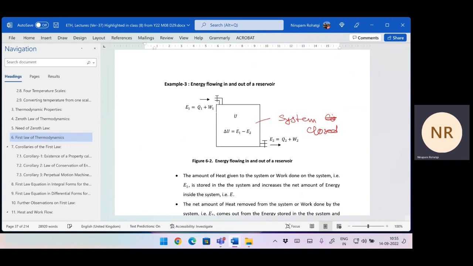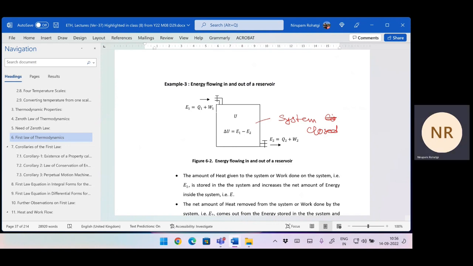Now, when you are putting in heat or work, they both go in and get added into internal energy. Internal energy works as a reservoir. When you draw out heat or work, it comes out from the internal energy. Now, if what you have added, Q1 plus W1, is equal to Q2 plus W2, then the internal energy will remain the same. So actually this law is leading to the definition of internal energy.